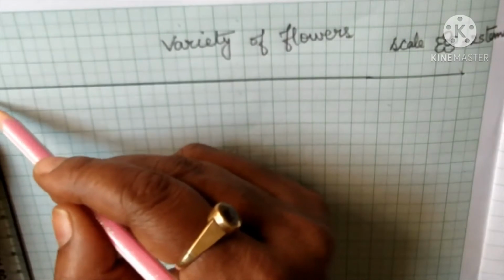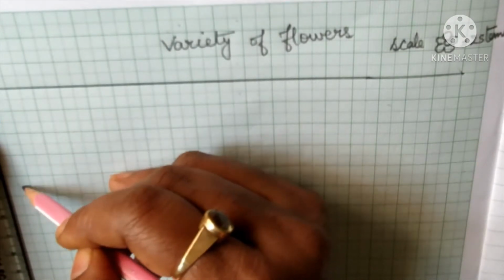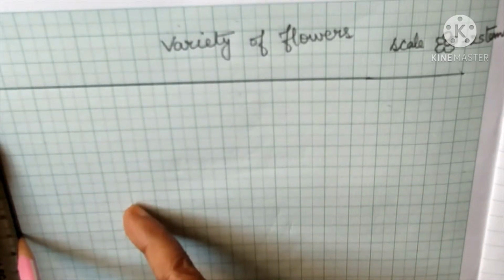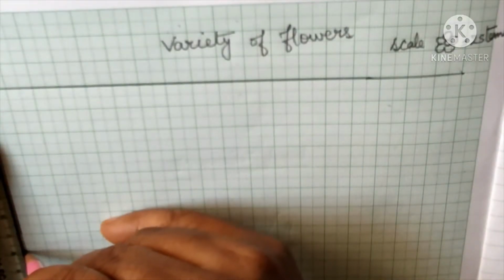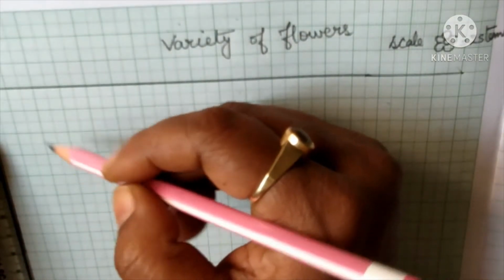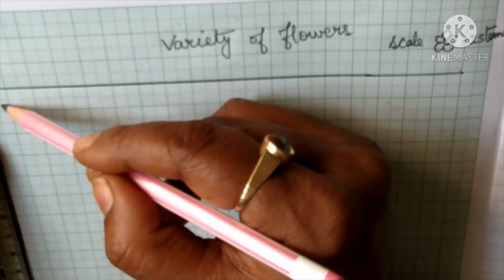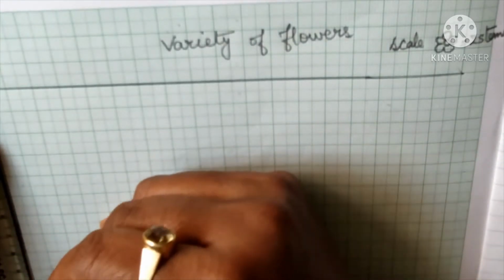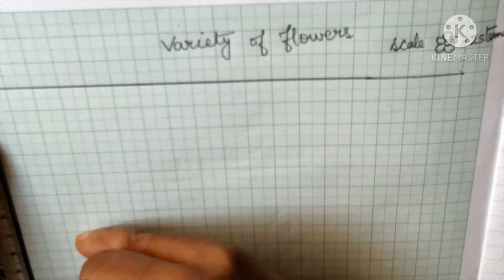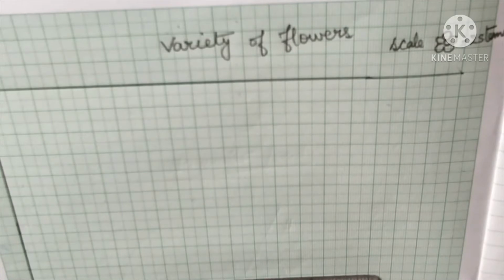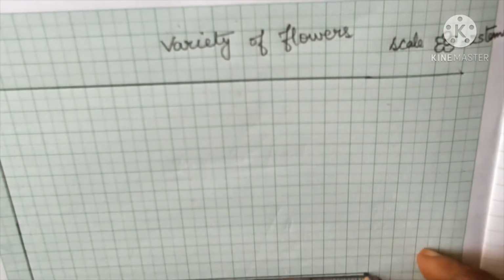So I will take 5 blocks, 1, 2, 3, 4, 5, and 1 extra. So I am taking here 6 blocks. If you want to leave 1 and then draw, then you can take the double of that. 6, 7, 8, 9, 10. Make a block. You can use the blue pencil also to make a block. Okay.